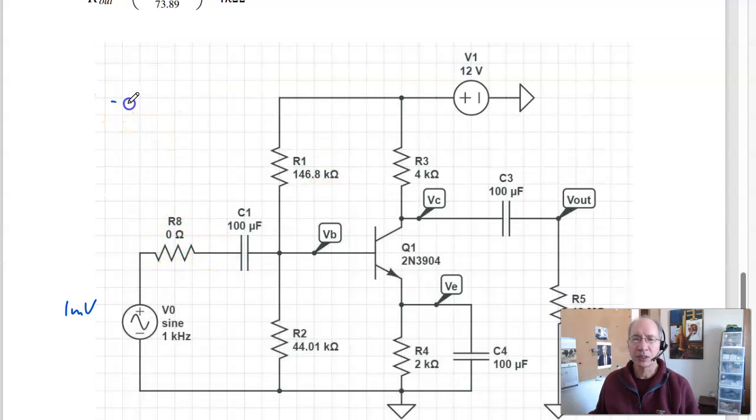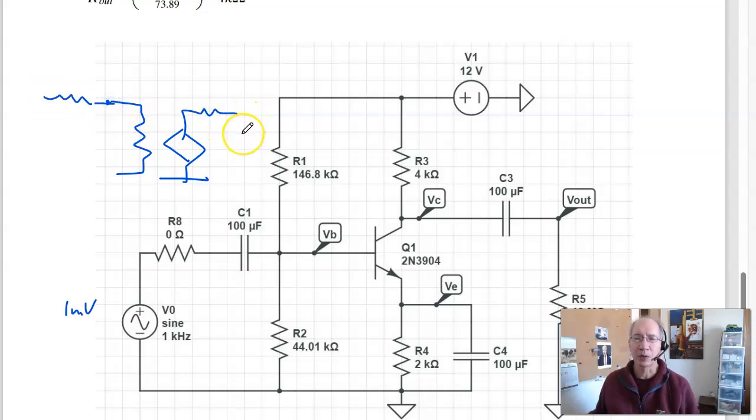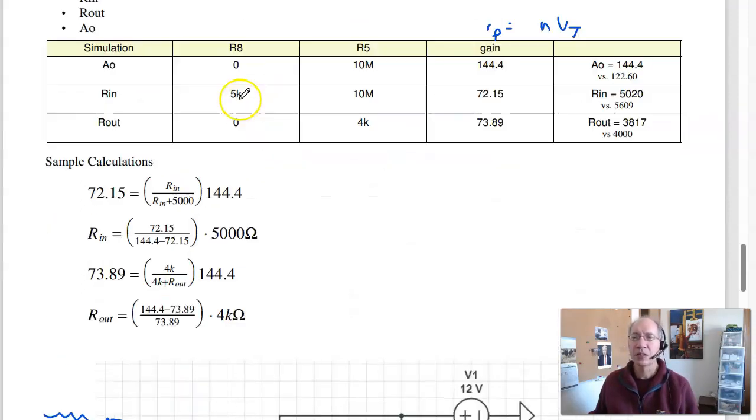What that should do is, again, think Thevenin equivalence. Here's the model for the two-port model. If I add a resistor right here, then this voltage drops by voltage division, meaning the output drops by voltage division. So trying that, to make Rn 5K, the output drops to 72 millivolts for a gain of 72.